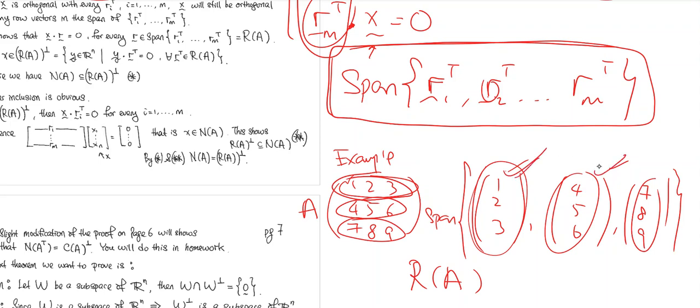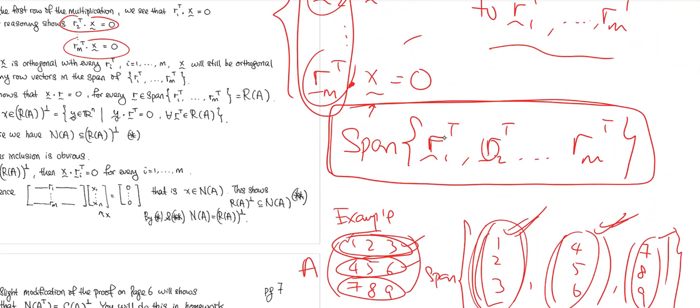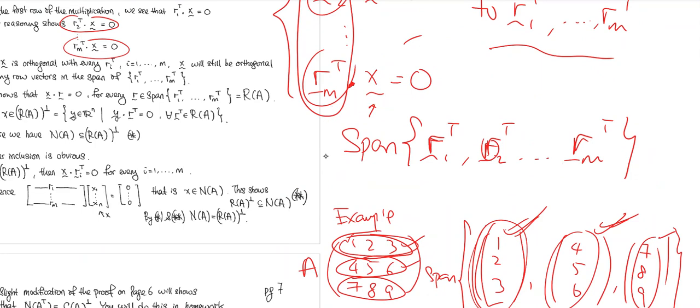But if you look at the linear combinations of these vectors, these are actually still the same as the linear combinations of all these row vectors right here. So this requires a little bit of thought, but I'm saying that if you look at all the linear combinations of these row vectors transposed, it is actually still going to give you the row space of A. They are the same.